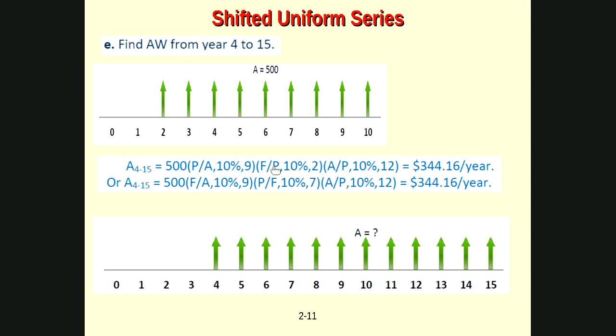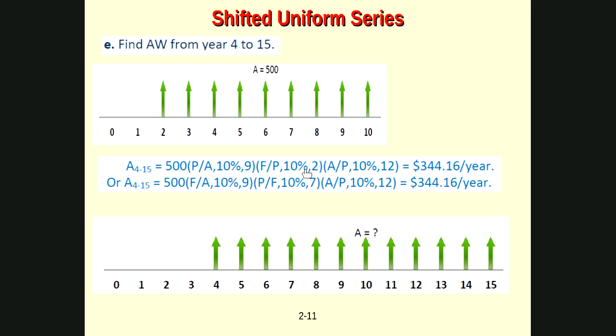Now when you converted all these values to present, you are now at year 1. To move to year 3, you need to move 2 years, 1 and 2. You need to move from year 1 to year 3. And why do we need to move to year 3? Because it's just going to be the year ahead before 4, so we have to move to year 3, and that is the transformation from year 1 to year 3.